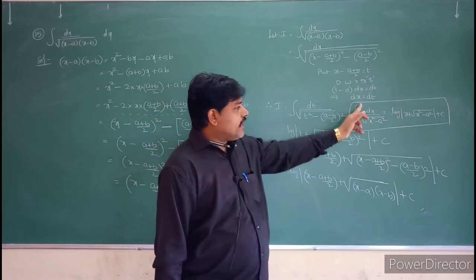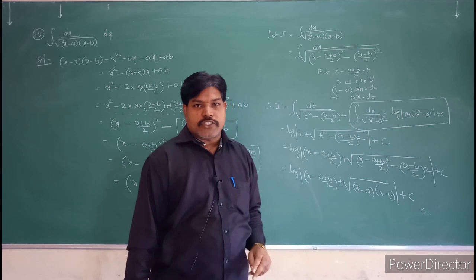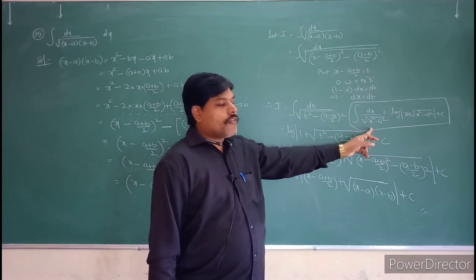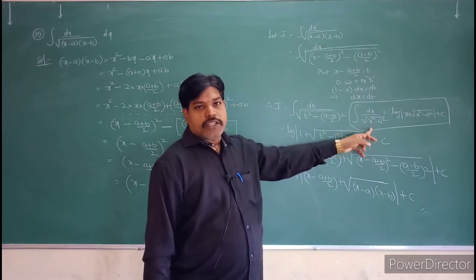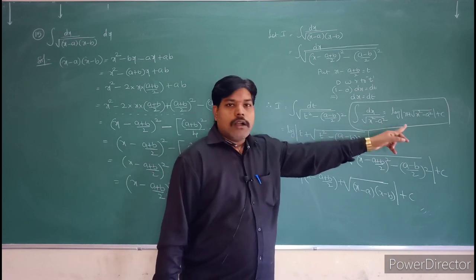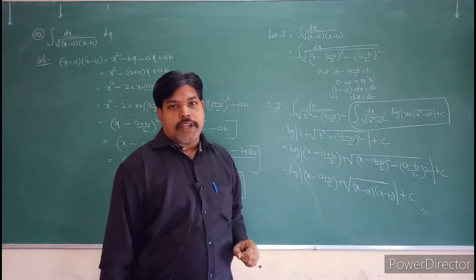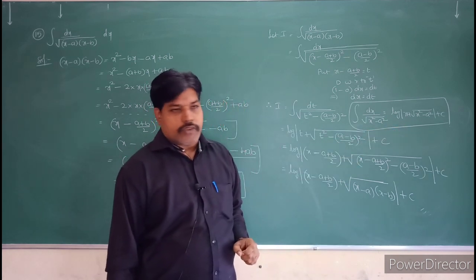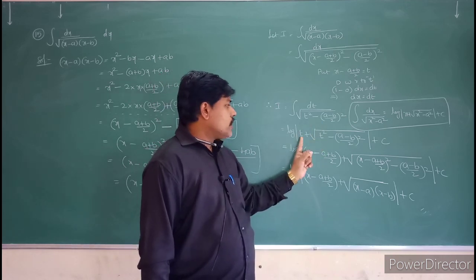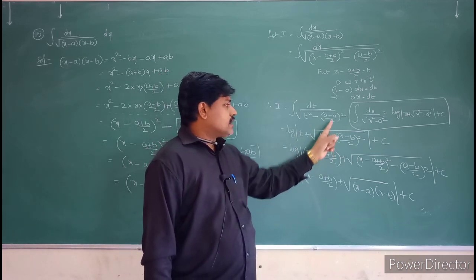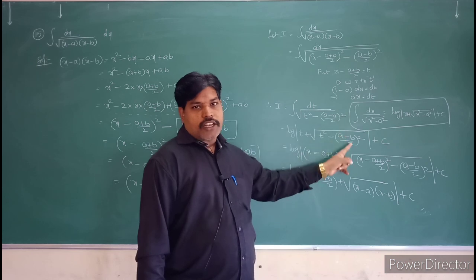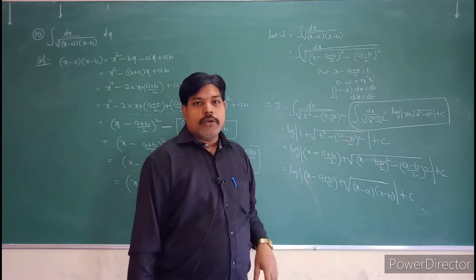It is in the form of dx by root of x square minus a square, whose formula is log mod x plus root of x square minus a square. So replace that: log mod t plus root of t square minus, in place of a you have (a minus b)/2, whole square.